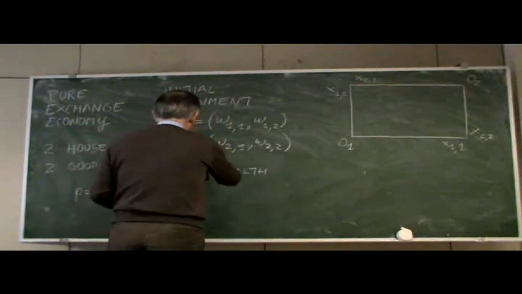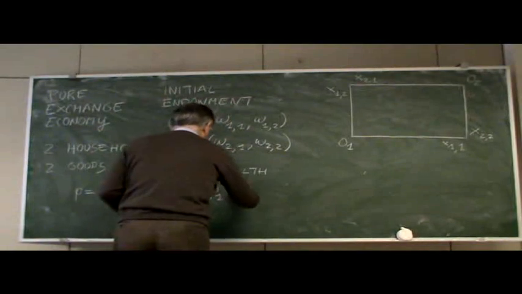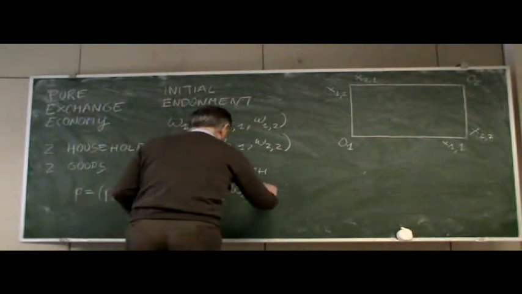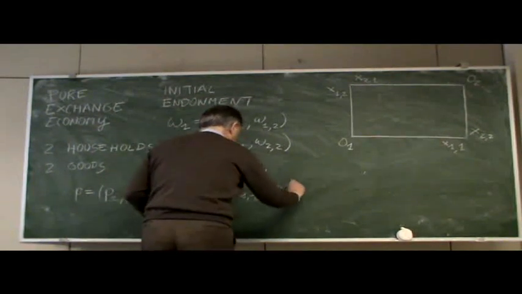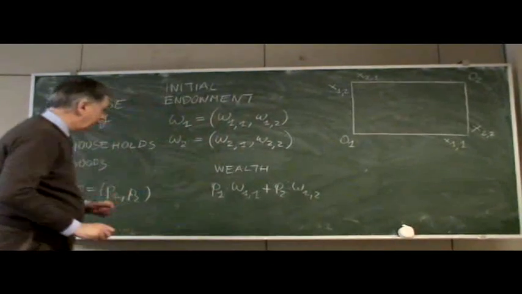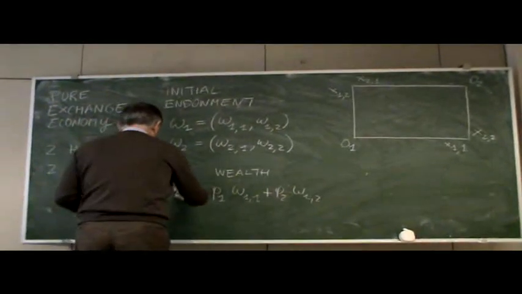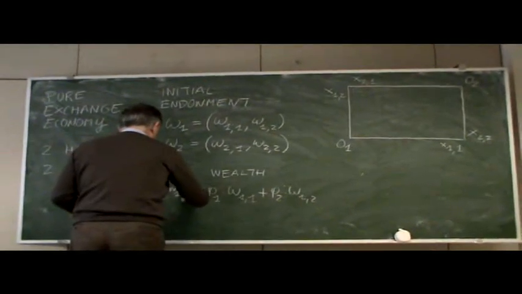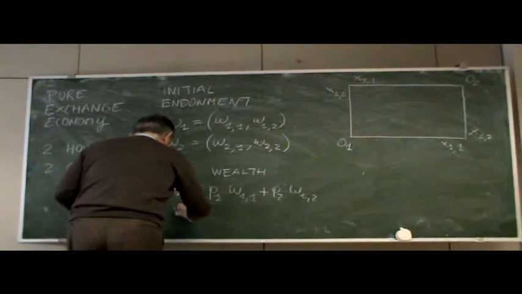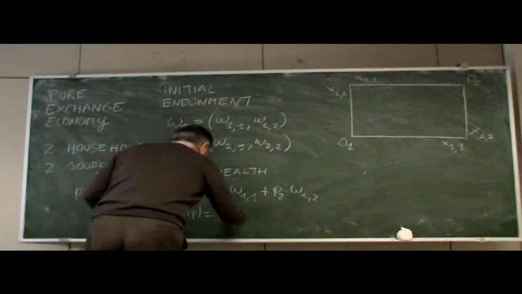So, the wealth of the first subject will be simply p1 times omega 1,1 plus p2 times omega 1,2. This is the wealth of the first subject, say w1 of p. And this is analogously the wealth of the second subject.